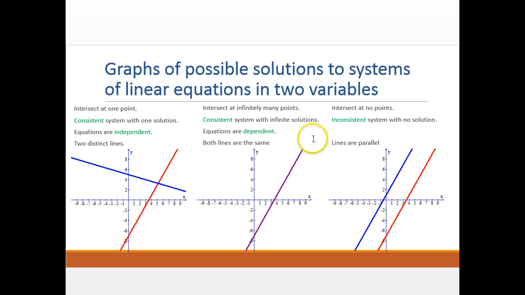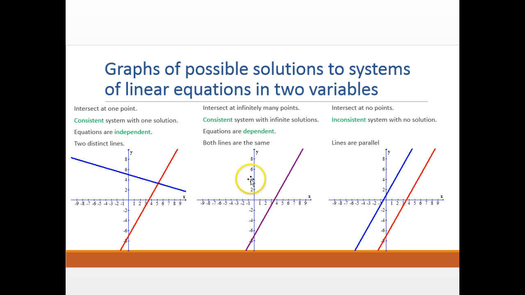They intersect everywhere. Here the red and blue line do not intersect anywhere. These two are both called a consistent system of equations. In other words, there's an answer to these systems. Here there's infinitely many solutions. Here there's one solution. This is called an inconsistent system because there's no solution.